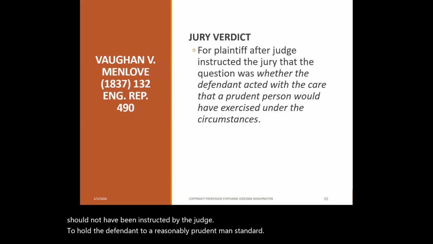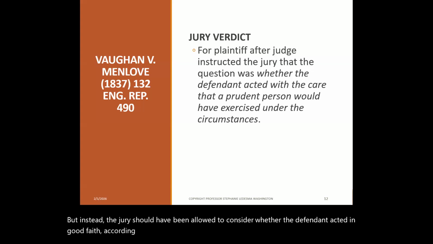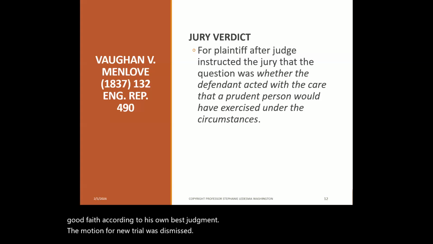But instead, the jury should have been allowed to consider whether the defendant acted in good faith according to his own best judgment. The motion for new trial was dismissed, and the jury verdict stood.